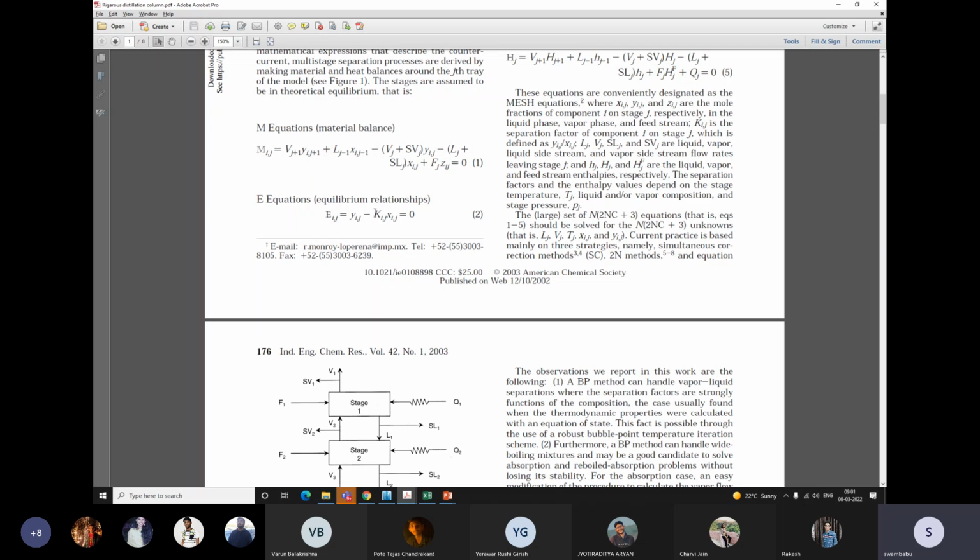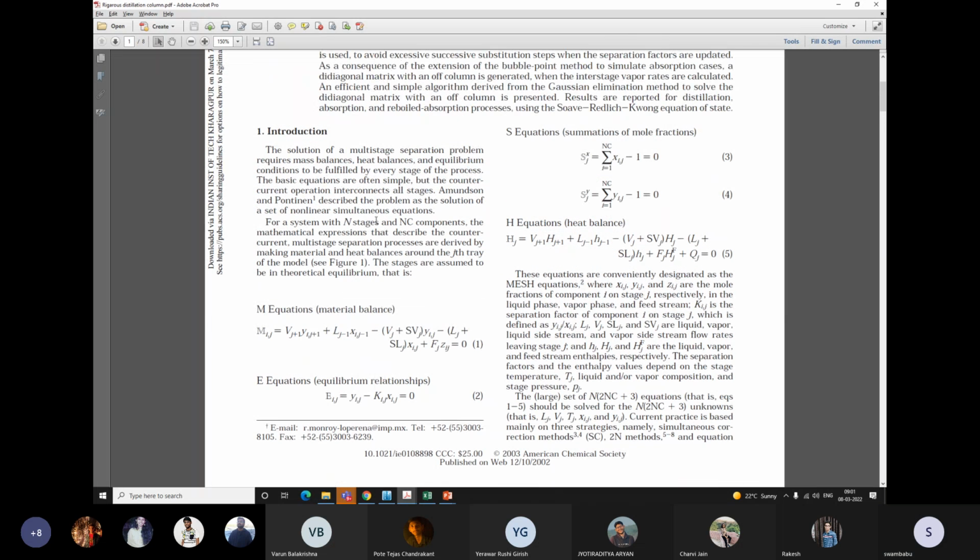So this is the equilibrium relationship. Then we have the sum of the mole fractions equal to 1. That we know: sum of the vapor mole fractions, sum of the liquid mole fractions equal to 1. And this is the energy balance equation.